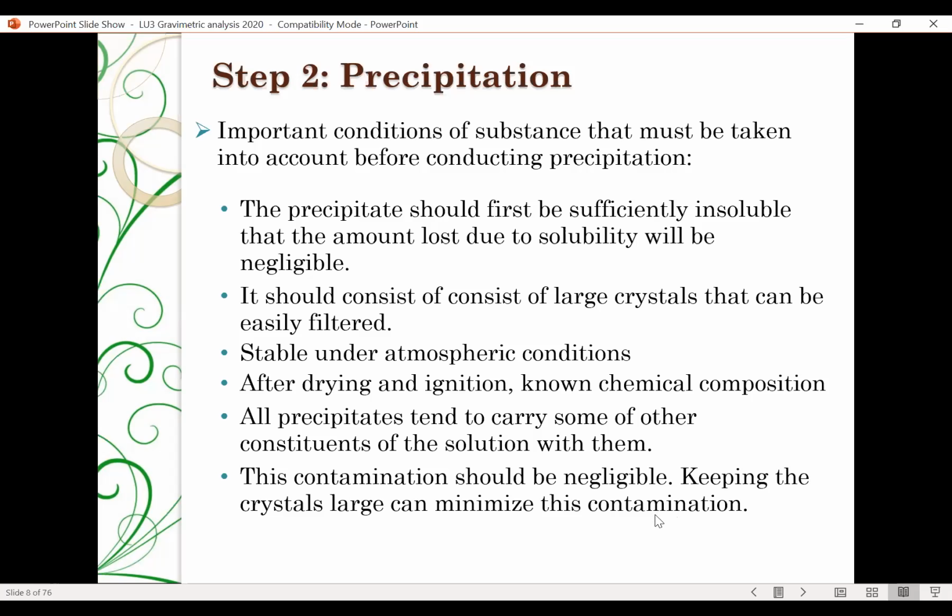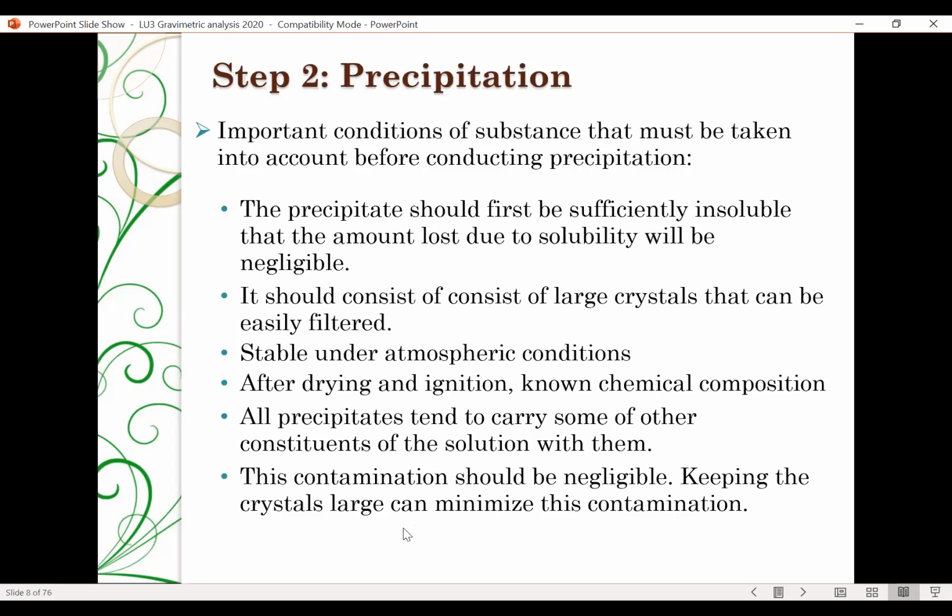As we know, if we have large crystals, we are going to have very small surface area per volume, compared to if we have smaller particles, we will have higher surface area per volume ratio.